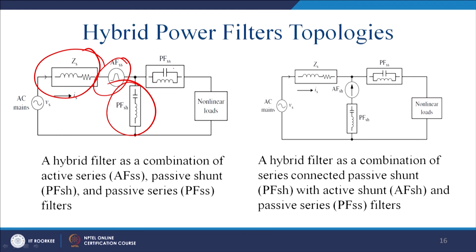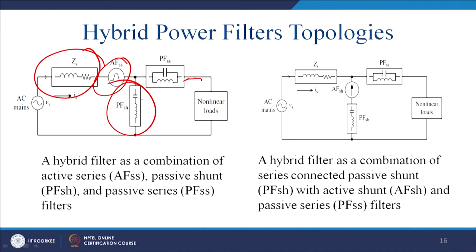And if you see from this side, this will be blocked, and whatever is there will sink into this passive filter. The same combination is used when your source inductance is quite low and you do not have much problem with the voltage; the harmonic voltage at fifth and seventh is quite low, then you go for this solution.